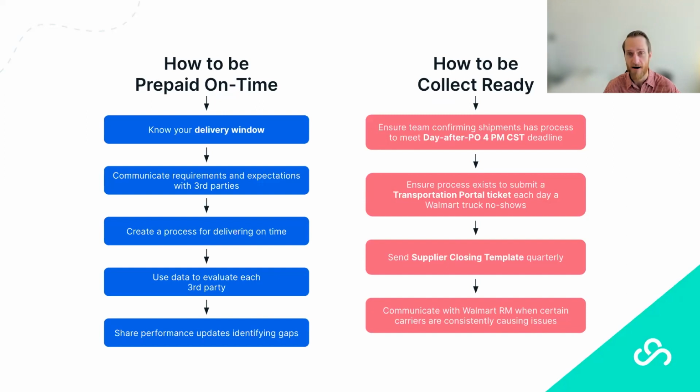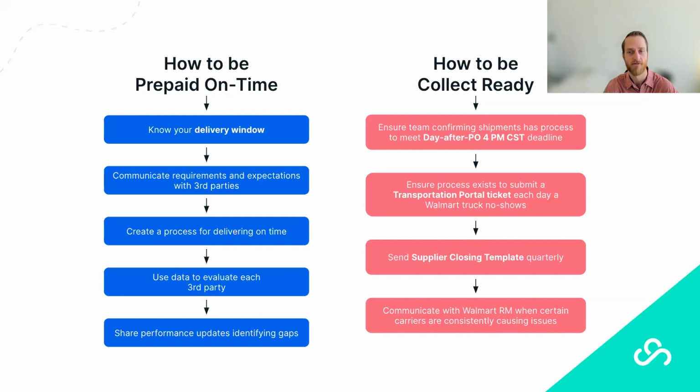Ideally, and most suppliers, if you're prepaid, use a mix of a fleet. You may use multiple carriers, and every carrier is not built the same. So you may have some poorer performers and you may have some top performers.